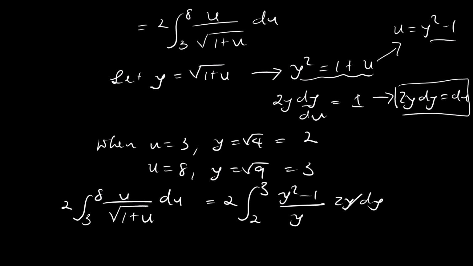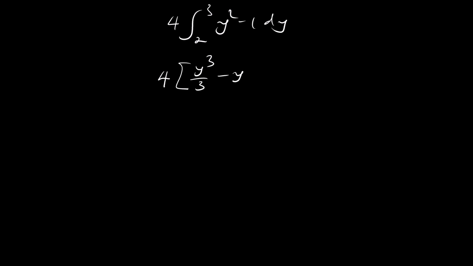So we see this y and this y go, and this constant comes out. So we have 4 times the definite integral from y equals 2 to 3 of y minus 1. So now that we have 2 to 3 of y minus 1, this becomes 4 times y squared over 2 minus y.